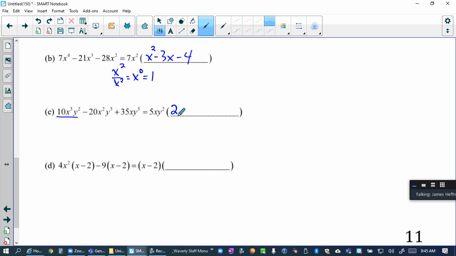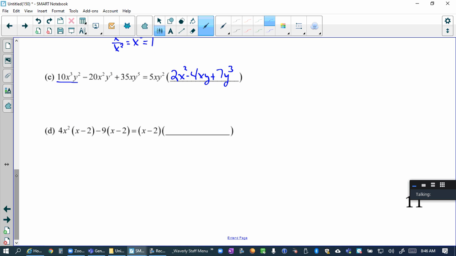I'll get you started. 2 times x to the second minus 4 times x to the fourth times y to the fourth, so just 4xy. Plus 7 times y to the third, right, the x terms cancel. Any questions on that one? So guys, at any time, if we write something down that you don't get, you stop us and ask a question, all right? That's why you're here. All right, one more to go.